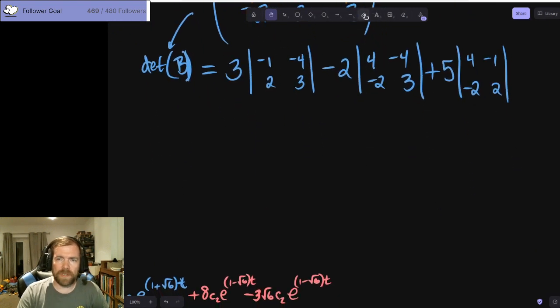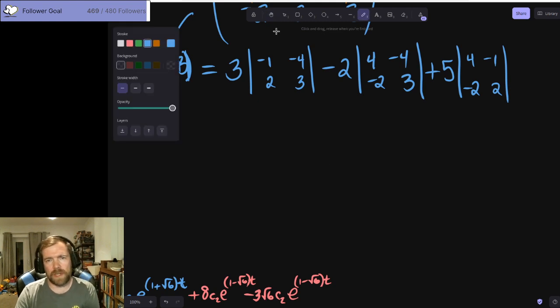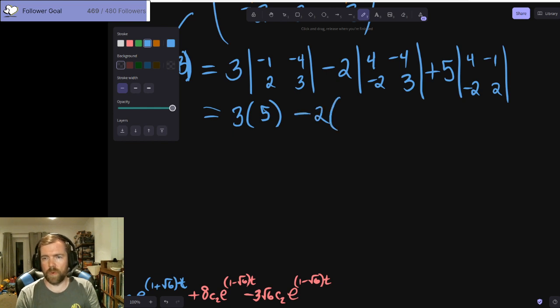Now, me personally, I don't actually like this as much as another method that I found, but I'll deal with that in a minute. This is going to be equal to 3 times the quantity: main diagonal is -3 minus off diagonal is -8, so -3 plus 8 is going to be a 5. -2 times 12 minus 8 is going to be +4.